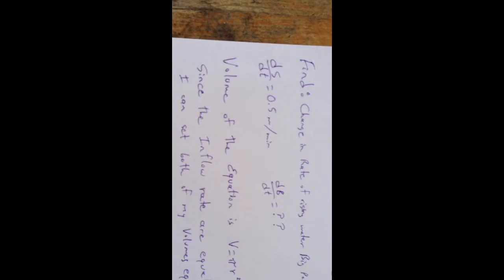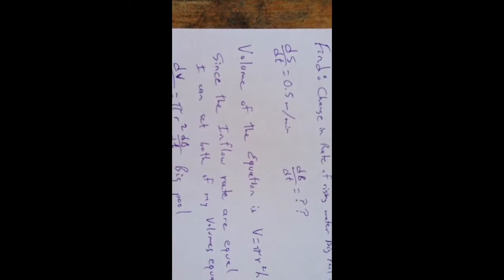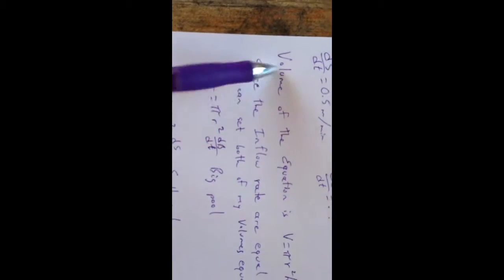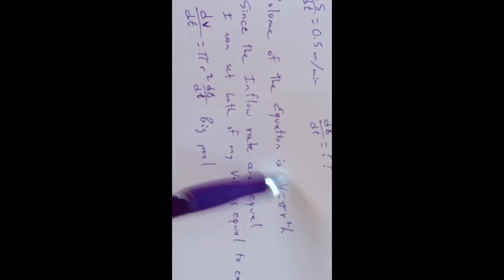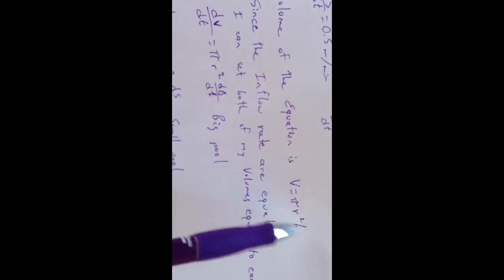So here we can start by labeling things to help us figure the problem out. So we're gonna figure the problem out by using the volume equation. And here's the formula for the volume: volume equals pi r squared times h.